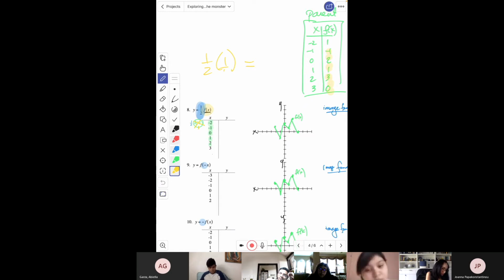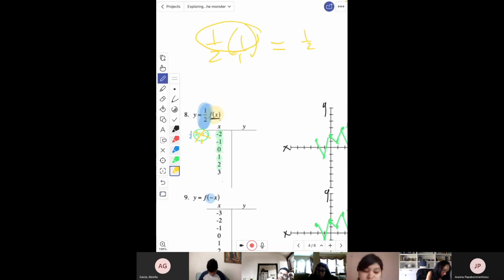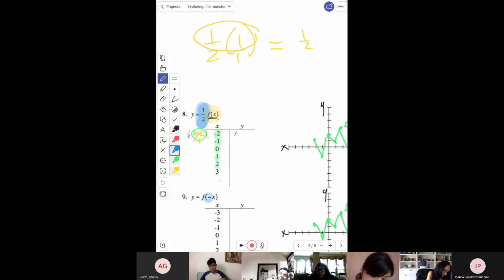One half times 1. Multiply the numerators, multiply the denominators. So that's 1/2. Then I'm going to do the same thing again.